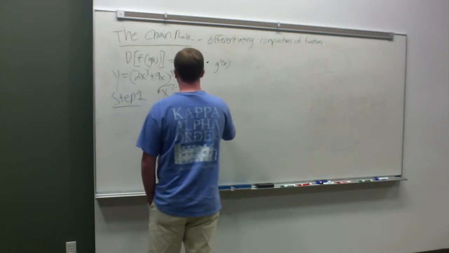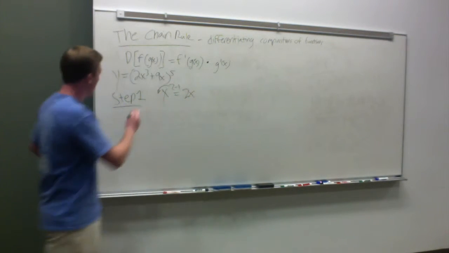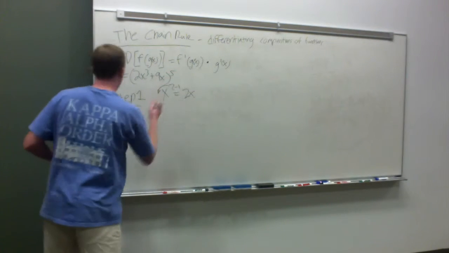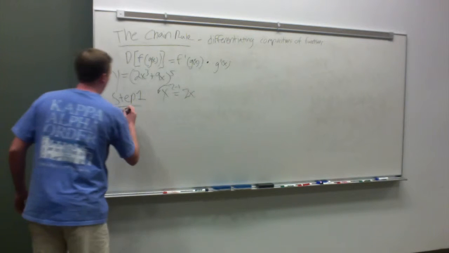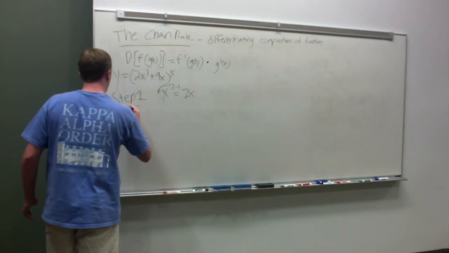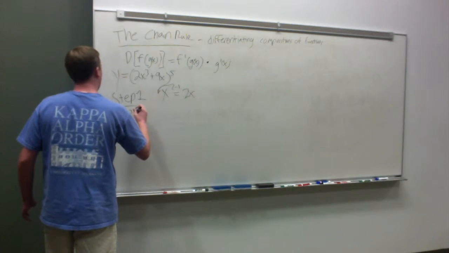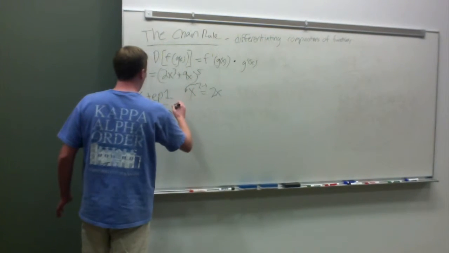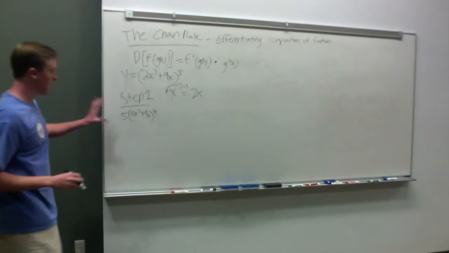So that's going to be 2x. In our case, the x equals this function right here. So all we're going to do, bring that 5 over, 5 times (2x to the third plus 9x), and subtract 1 from the exponent, 4. Okay, so that's step 1.